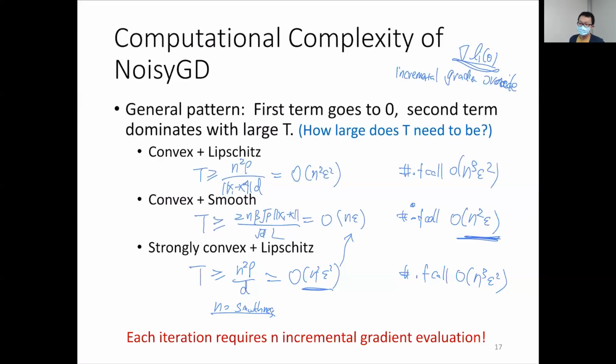But on the other hand, decoupling the privacy and the optimization has the additional benefit that it doesn't require us to update for this many iterations, right? So we can just use non-private optimizers without adding noise, and that gives us the same privacy utility trade-off, but much faster in terms of computation.